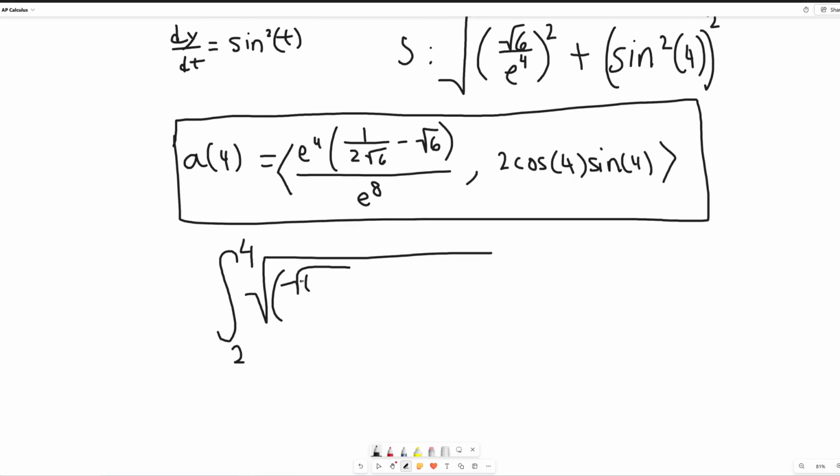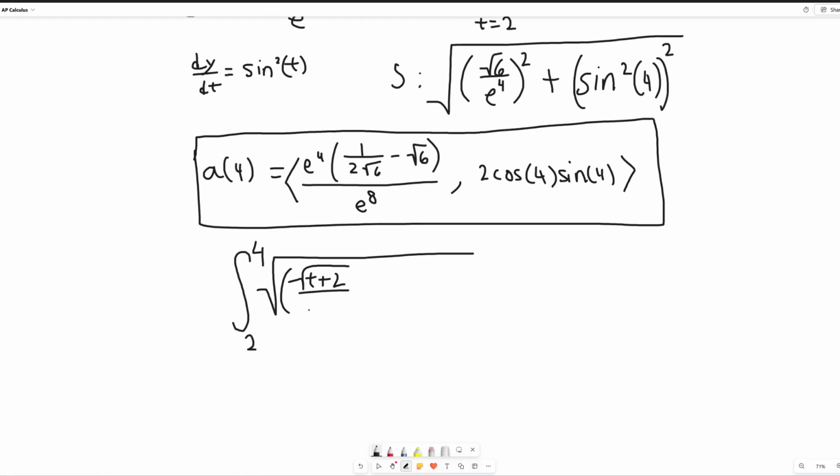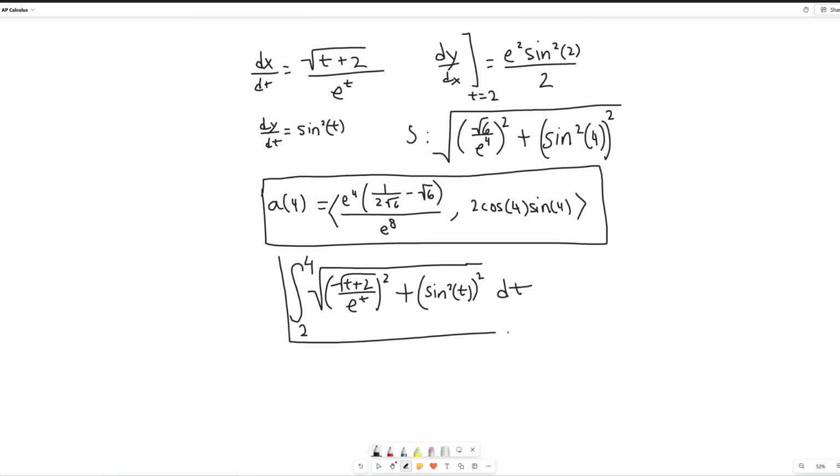We want the functions because we're integrating. Over e to the t squared plus sine squared of t squared dt. And now you could plug all of this into a calculator and get your answer for distance.